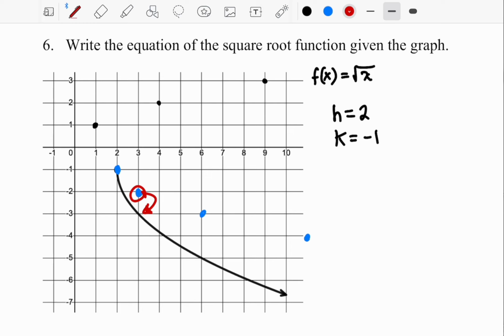So you got to think about how you can accomplish that. Well, I don't want to shift it. If I shift this point down 1 unit, it's going to shift everything else down 1 unit. So that's not going to work. That's where the stretch comes into play. You think about the difference between where this point is in relation to that first coordinate. It's 1 unit away. I want it to be 2 units away.